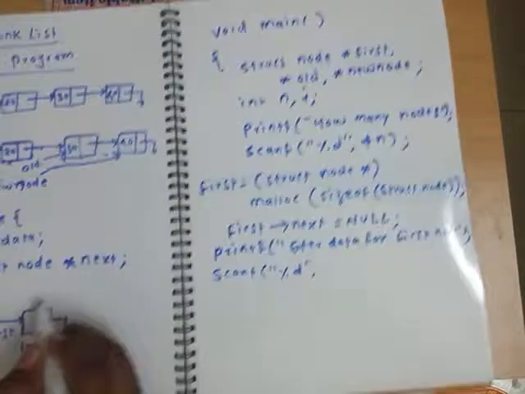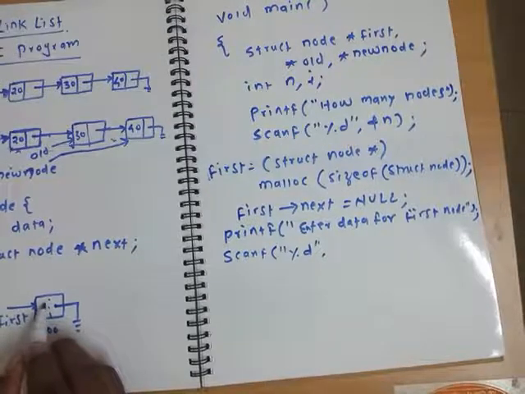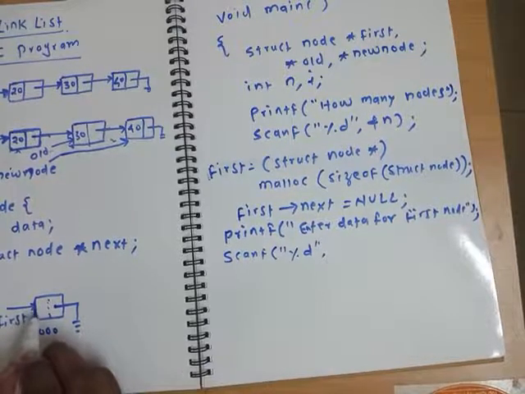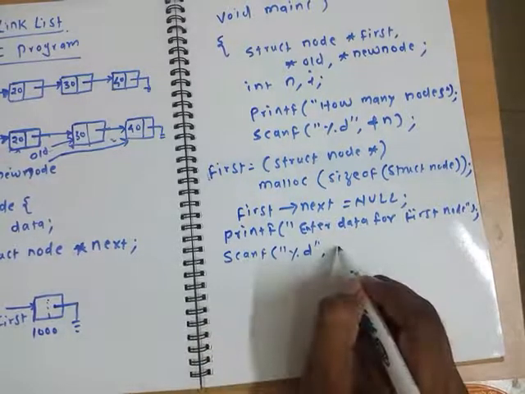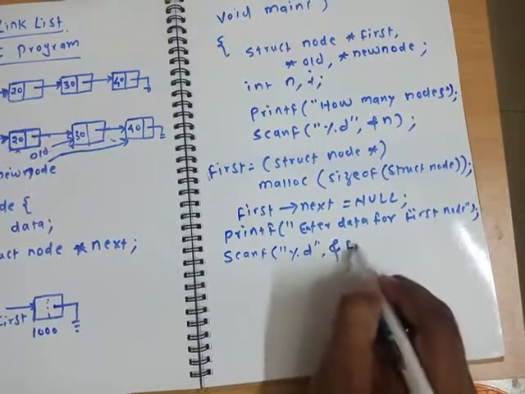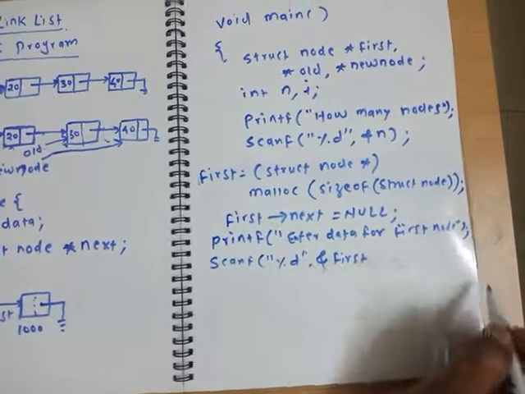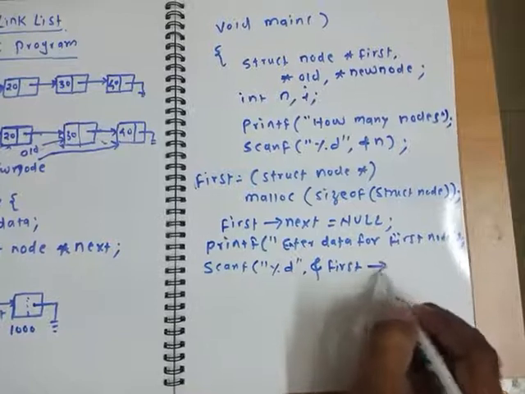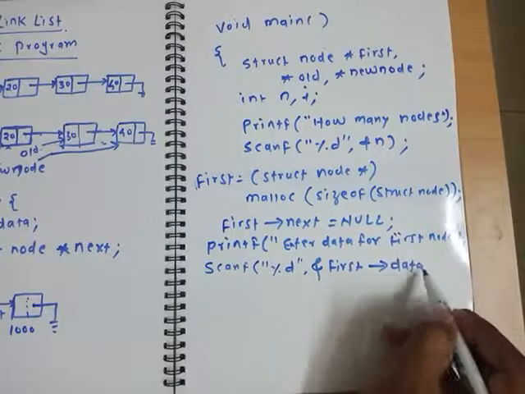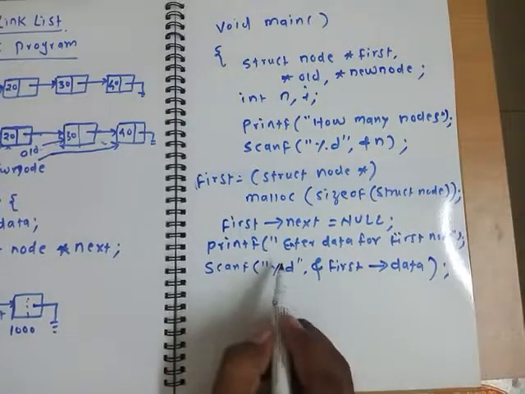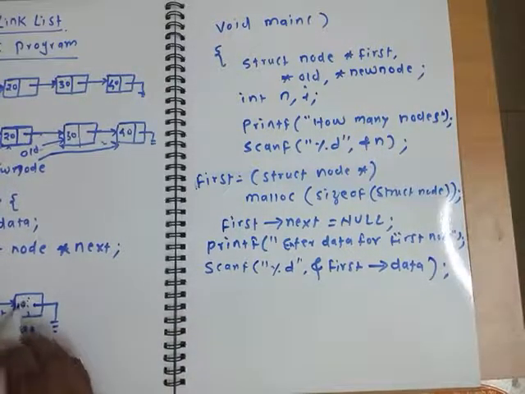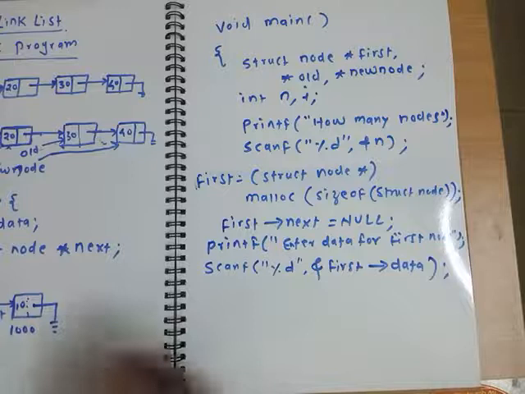So in fact the name of this field now is first arrow data. I'll provide the address of this first arrow data by using the ampersand operator, ampersand first arrow data. So the value entered by the user will go directly here. Let's say the user enters 10, 10 will be stored here.